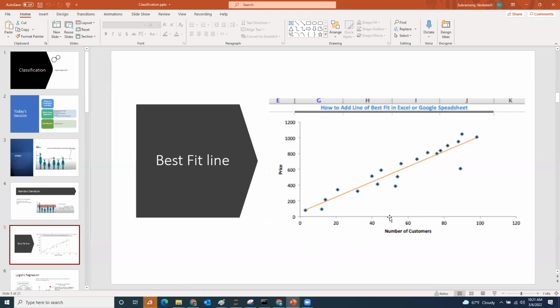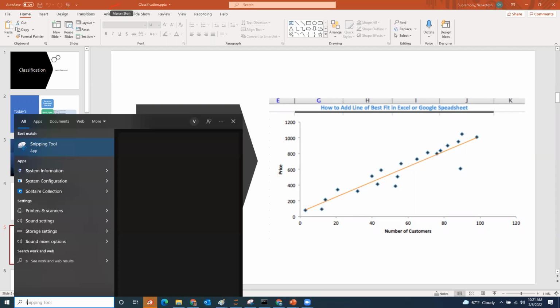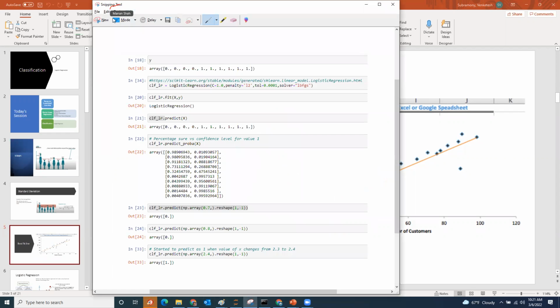Now if you want to predict the number of customers at 45, you can draw a line and see where it lies. So you have to find or draw a line where the deviation of each point from it is much lesser, right? If you draw a line somewhere on the top, that's not a good idea. I will explain that a little bit in detail.